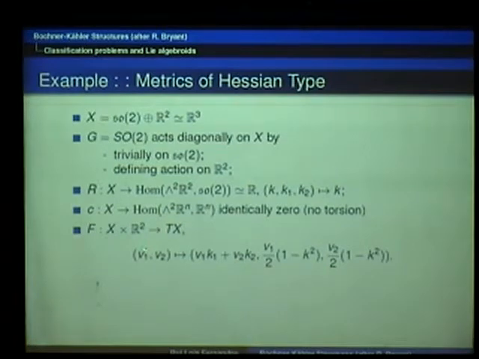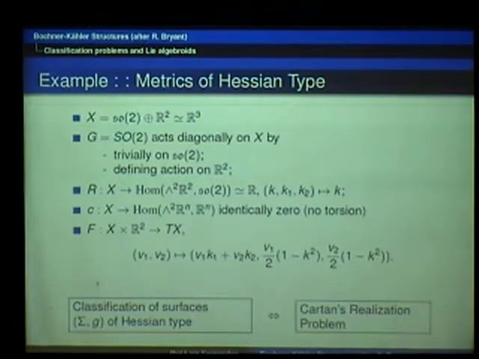And the function F is written there more or less explicitly. So this is much simpler than the other one, and that's the reason why I'm mentioning it, so that I can show you a couple of things later explicitly. So the classification of surfaces of Hessian type is, again, solving this Cartan realization problem.